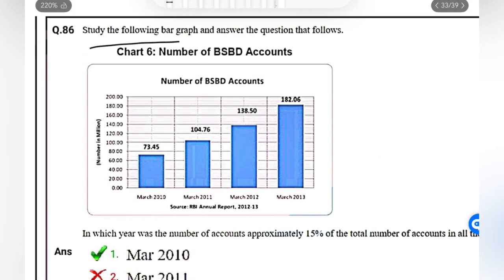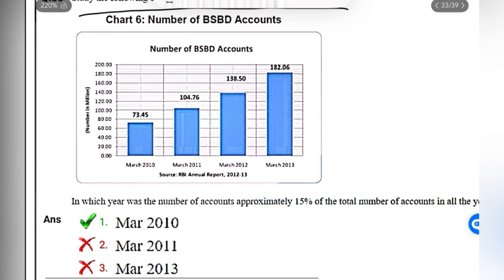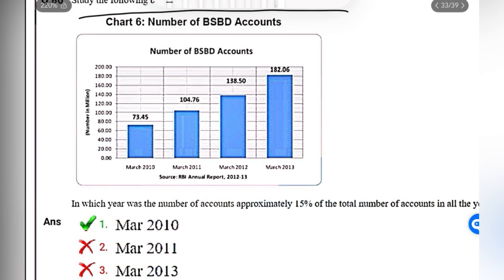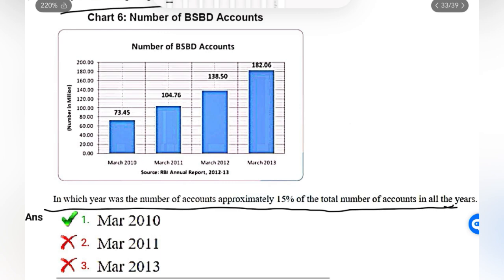Study the following bar graph and answer the question that follows. In which year was the number of accounts approximately 15% of total number of accounts in all the years?